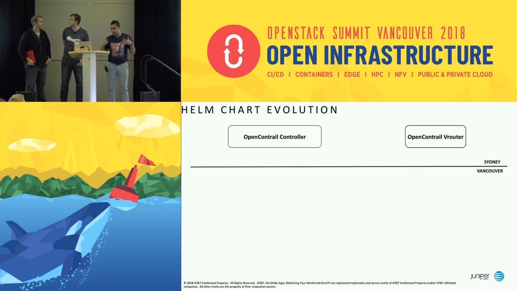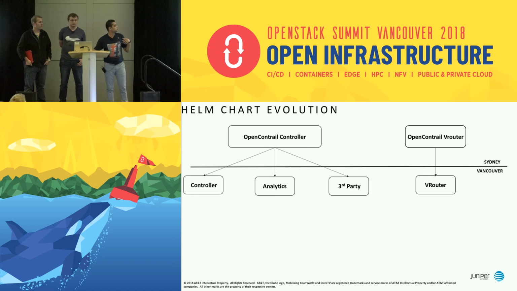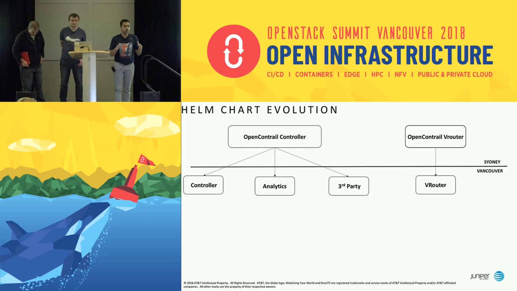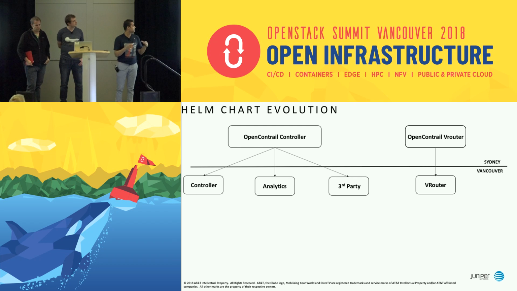But as we evolved, we decided to break down our OpenContrail controller chart into a few more charts. Based on different roles, we've divided our charts into the controller, the analytics, the third party, which is the ancillary services, and finally the vRouter.